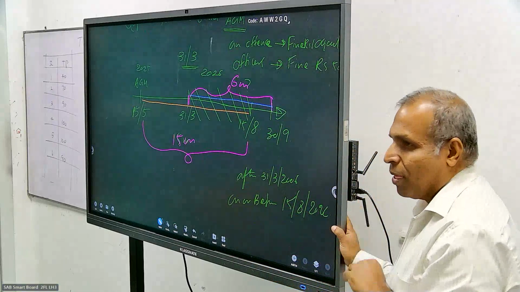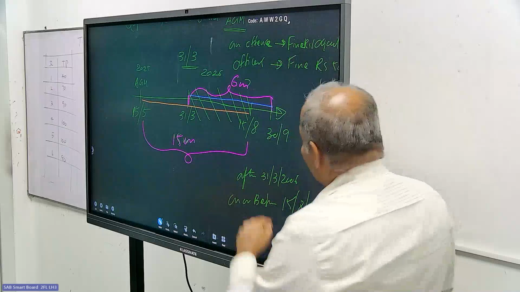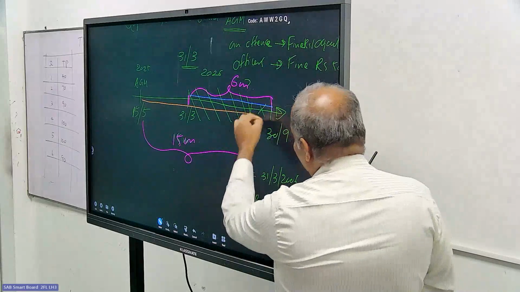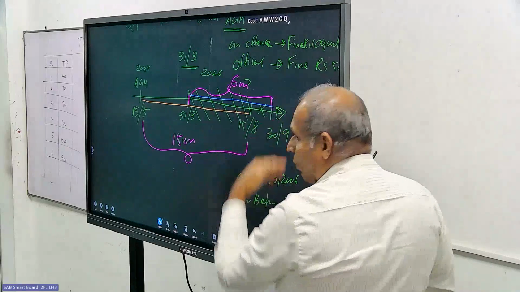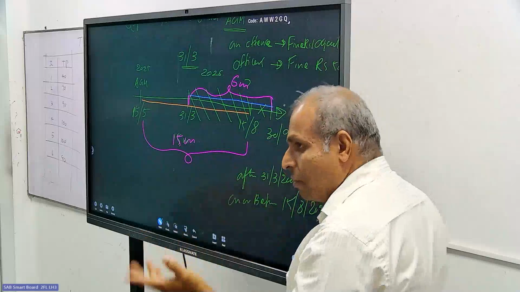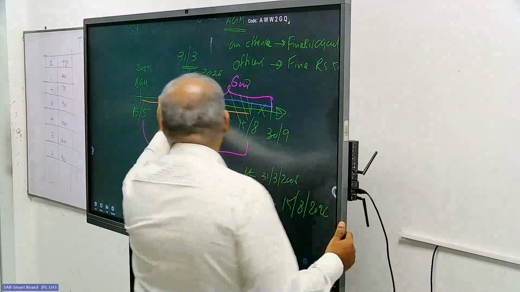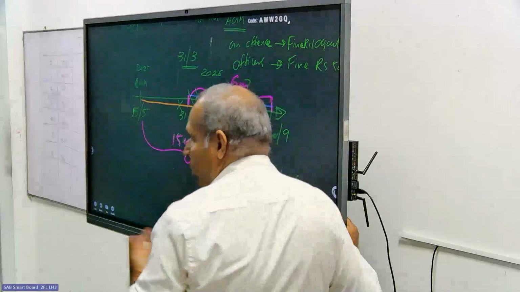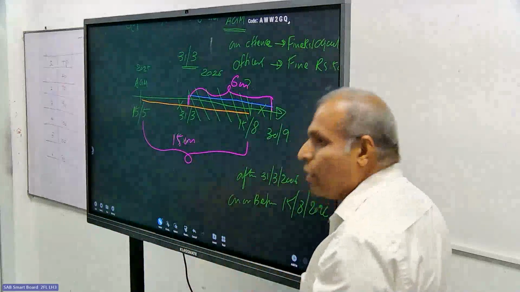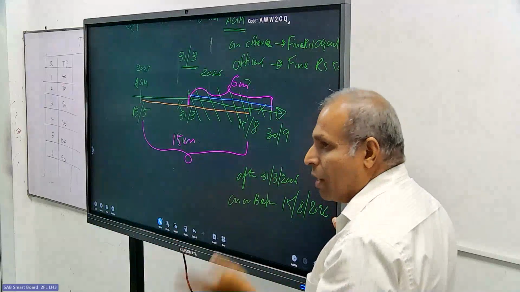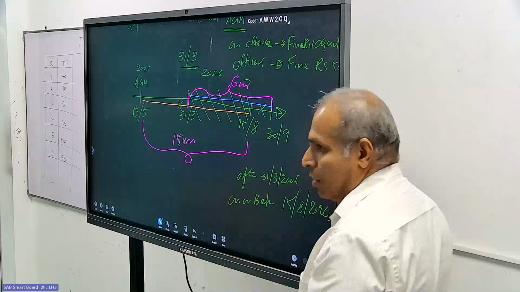Understood? Now, they cannot hold the AGM here, because it is more than 15 months. AGM to AGM maximum is 15 months. They cannot hold the AGM here either, because according to the second condition, it must be after the balance sheet date, but not later than 6 months.